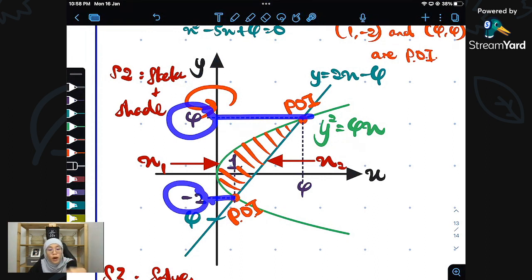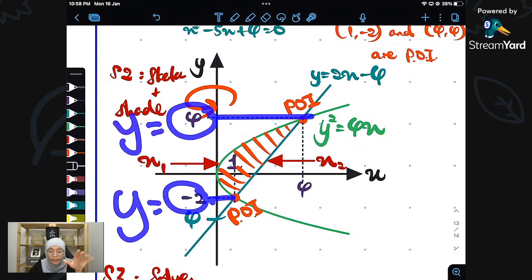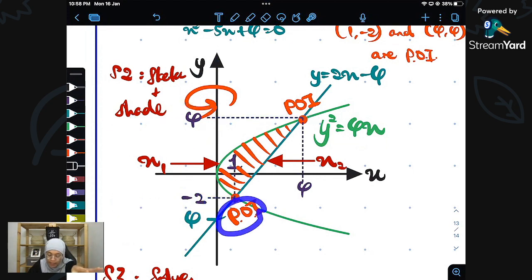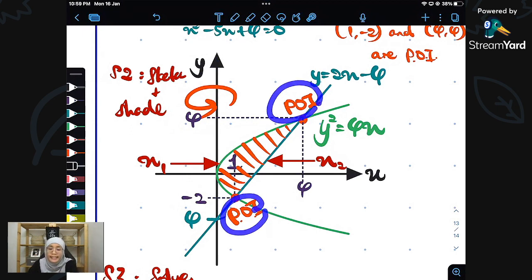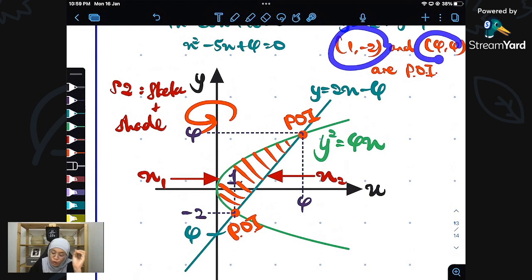That is why we must label the points of intersection in our graph, so that it is very clear which values we need to use. So it's very good if I plot the two coordinates very neatly from the beginning. That will also help you in doing mathematics.